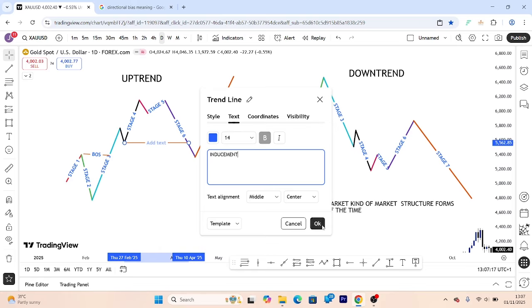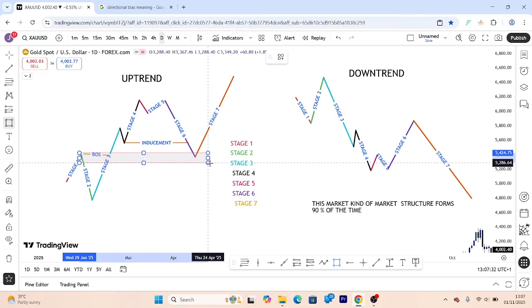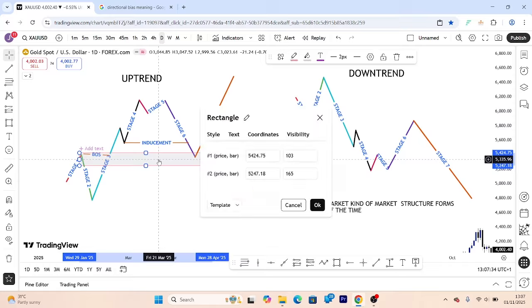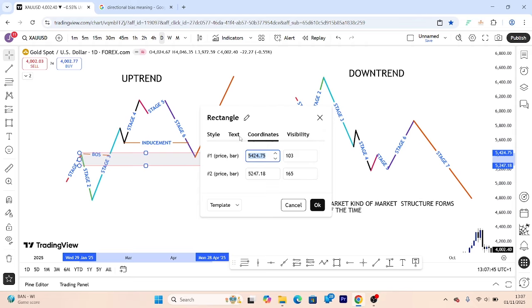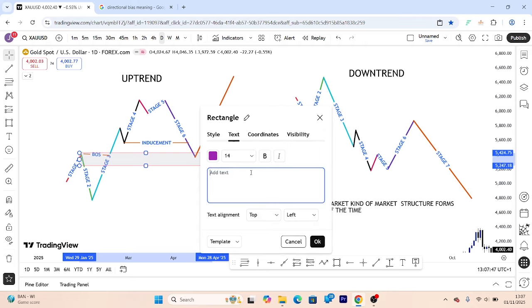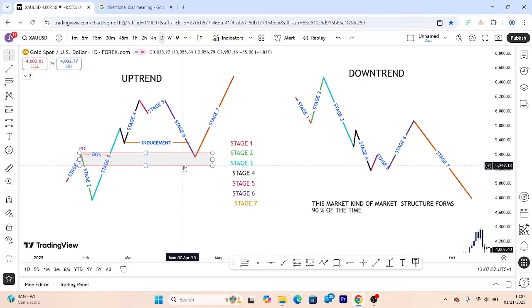Or they will call it liquidity, but let me just leave it as inducement. So at this place, this is going to be our point of interest, our POI.